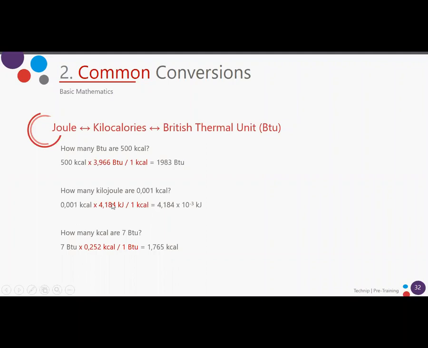We multiply our kilocalories with 4.184 kilojoules and see that 4.184 multiplied by 10 to the power of minus 3 kilojoules are 0.001 kilocalories. How many kilocalories are 7 BTU? So 7 BTU multiplied by 0.252 kilocalories will get us to the conclusion that 7 BTU are 1.765 kilocalories.